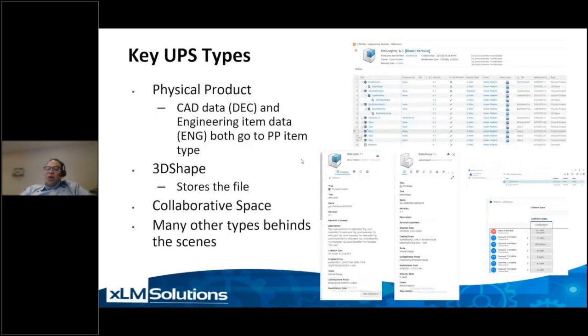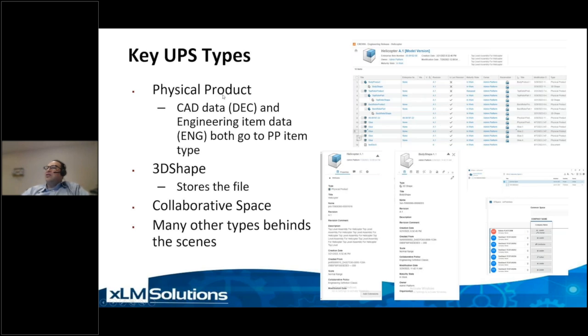We talk about the new data model, this UPS data model. For those of you that are not familiar with it, this is a very quick introductory slide to go over some terms. One thing I'll talk about is physical products, or I'll use PP for short.